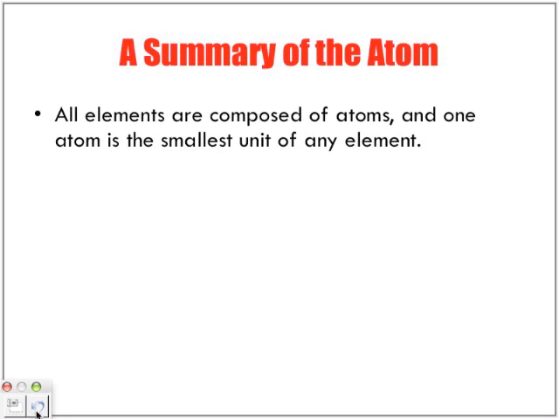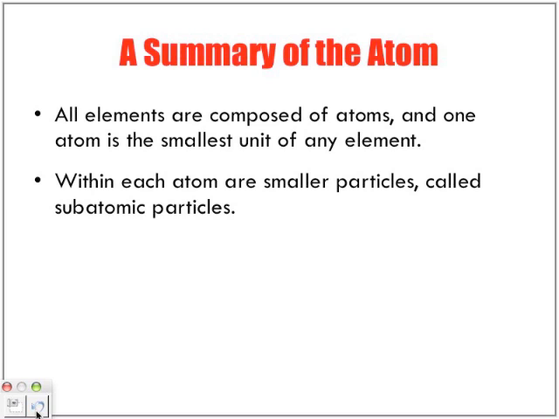A summary of the atom. All elements are composed of atoms, and one atom is the smallest unit of any element. We know that they can go further down into smaller subatomic particles: protons, electrons, and neutrons. These all make up an atom. But the smallest possible entity that we can actually keep is the size of the atom.